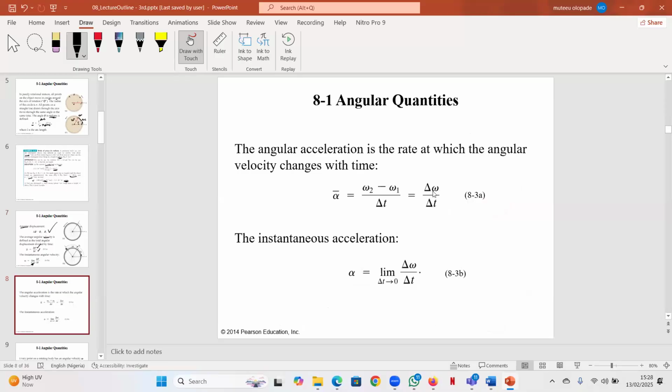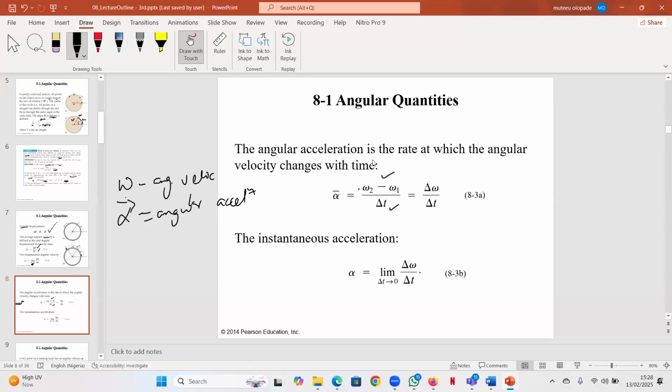Now we have the acceleration. Since we had said that the angular velocity is omega, we can then have the angular acceleration. So that is our alpha. In order to get acceleration, it will be change in velocity divided by what? Time.